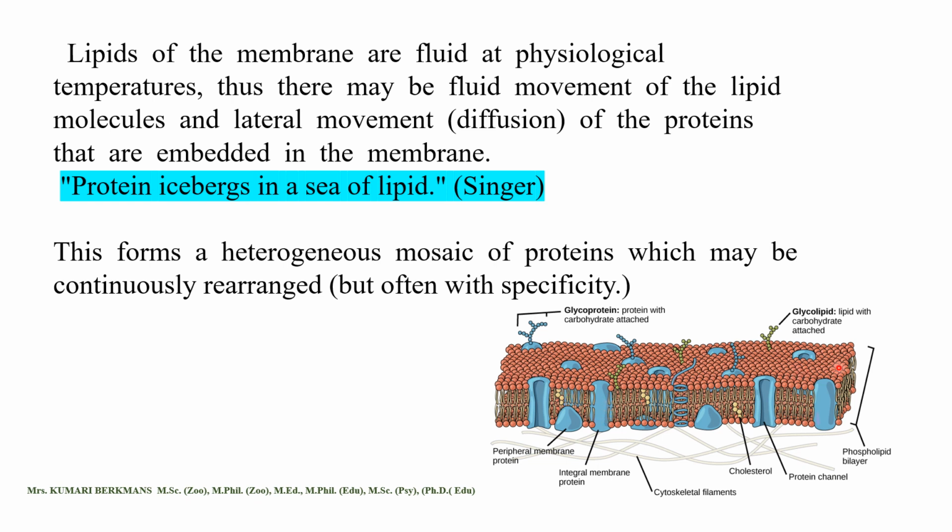These are the phospholipids, and the proteins are embedded here and there, so it looks like an iceberg. So it is called protein icebergs in a sea of lipid, by Singer. This forms a heterogeneous mosaic of proteins which may be continuously rearranged but often with specificity. So this is called mosaic, it gives an appearance of mosaic. So Singer quoted that these are protein icebergs in a sea of lipid.